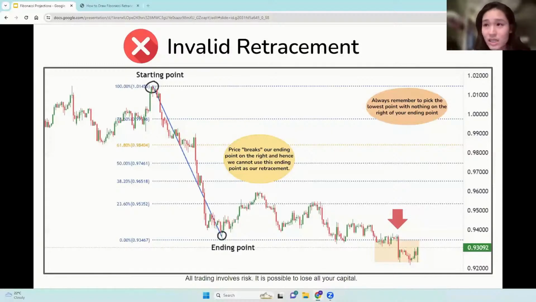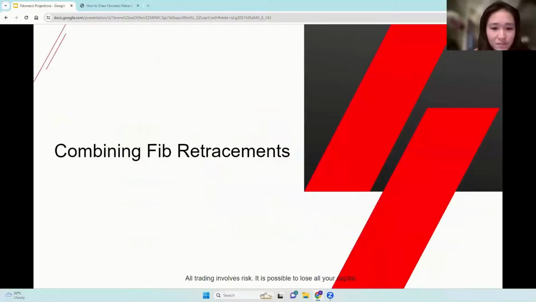If it's the other way around, if your starting point was here and ending point here, then it would be an invalid retracement if price breaks above that 0%. As long as it doesn't break below this 0%, then you're good to go. But we'll look more into this when we look at the charts.